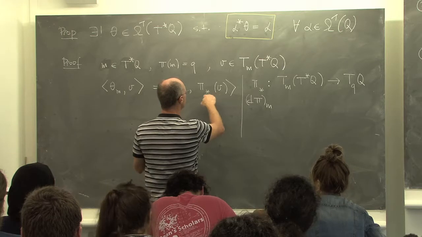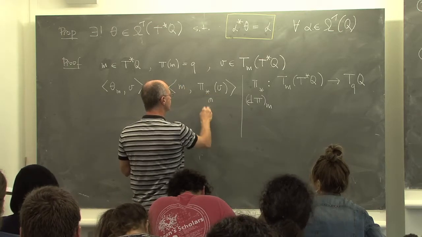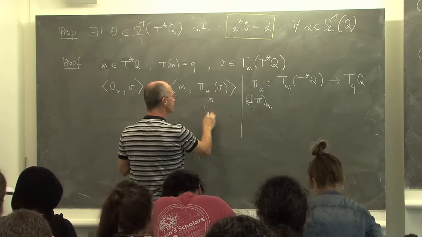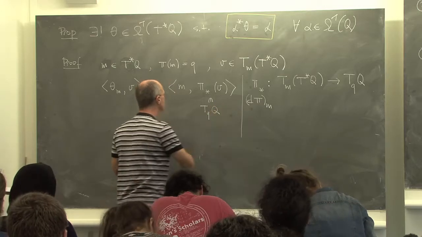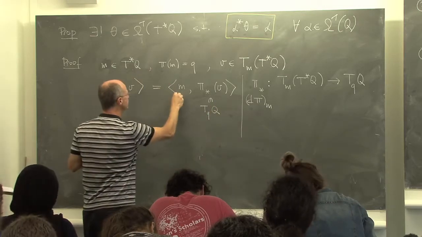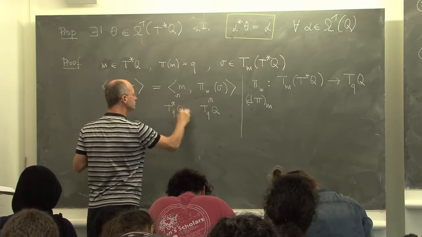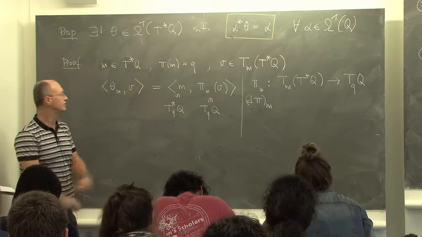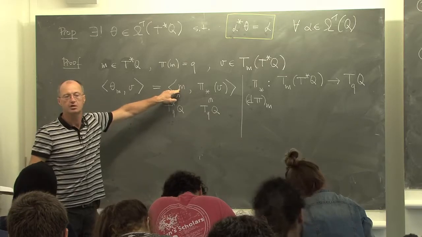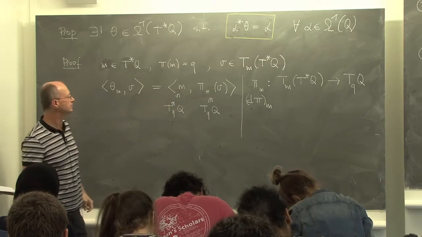Very good. So this is an element of T_Q Q. And note that this is an element of T star Q, right? Because this is just a point of the cotangent bundle.